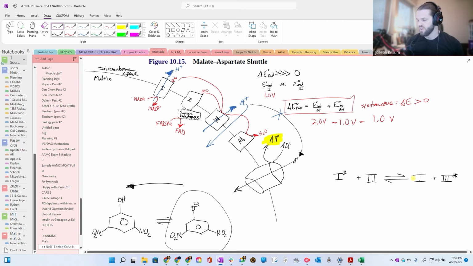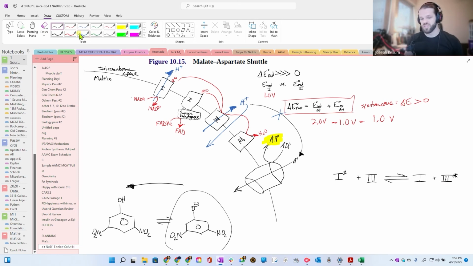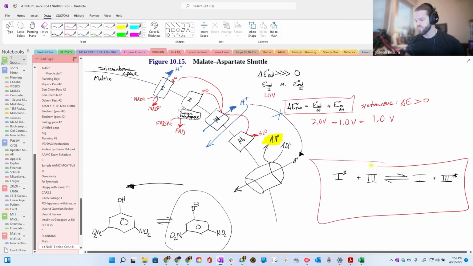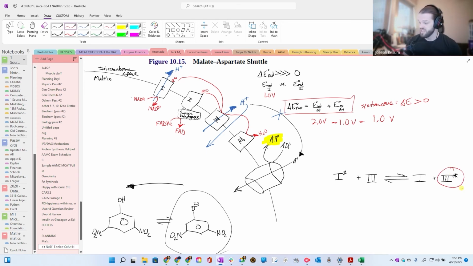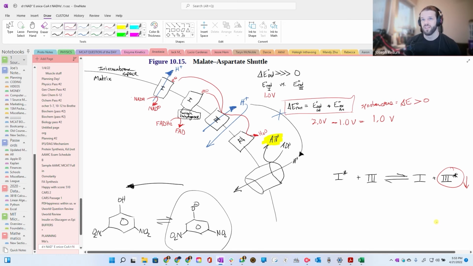So now that I've inhibited complex 2 and I can't transfer electrons from complex 2 over to complex 3, think about what I just did to this equilibrium. Well, since I can't transfer electrons from complex 2 to complex 3, I took this and decreased it dramatically, because now it's only getting electrons from one thing.